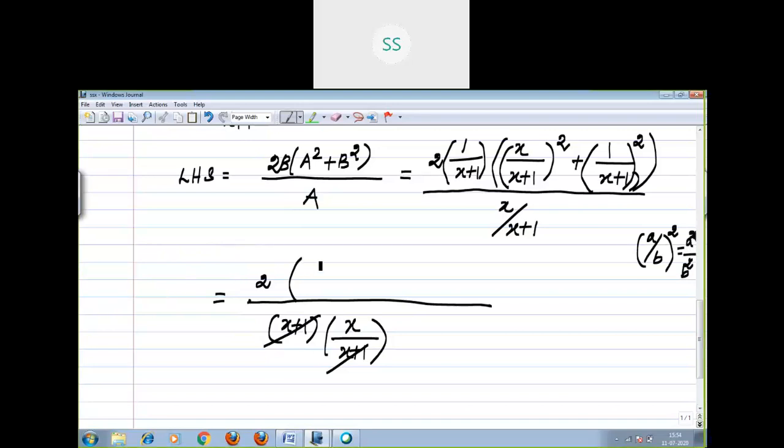How it will act, you see? x square divided by x plus 1 the whole square, plus the second part also the same, 1 divided by, 1 square is nothing but 1, so 1 divided by x plus 1 the whole square.